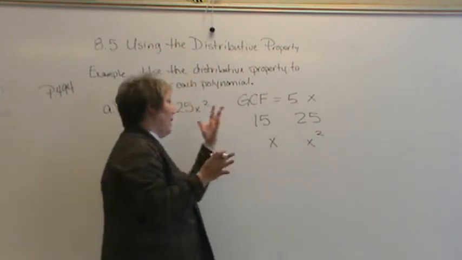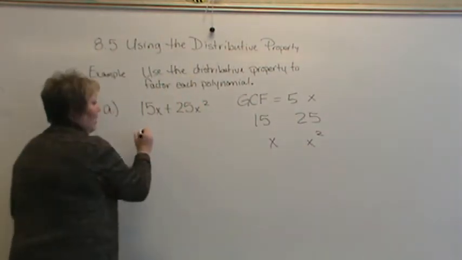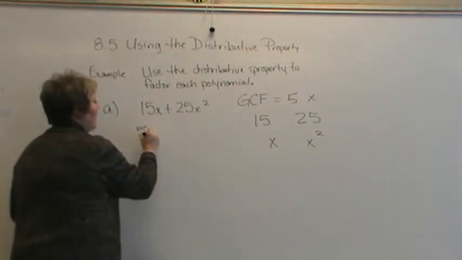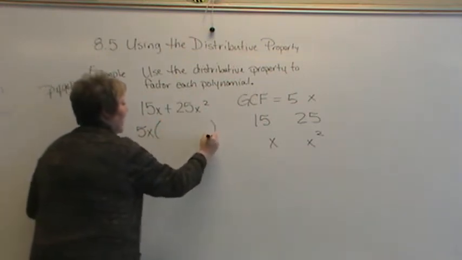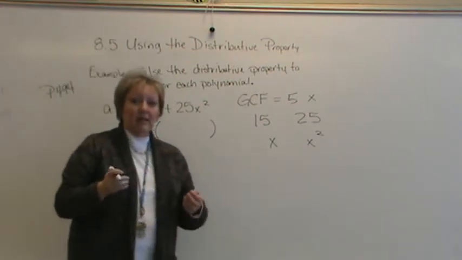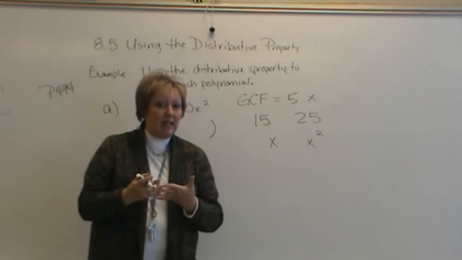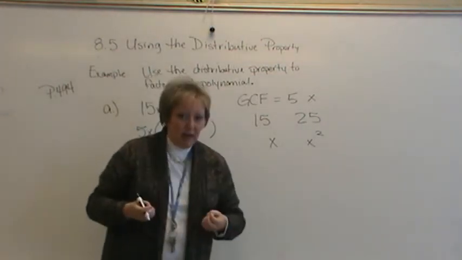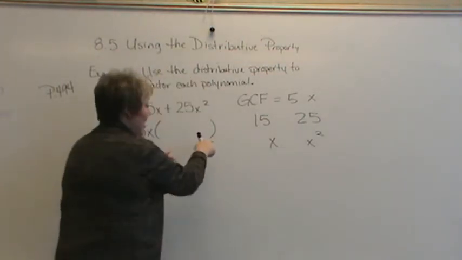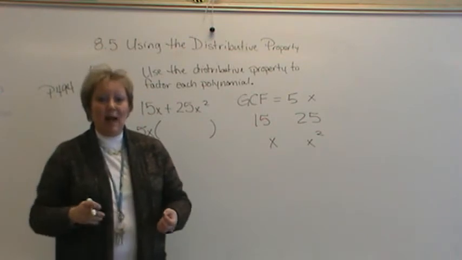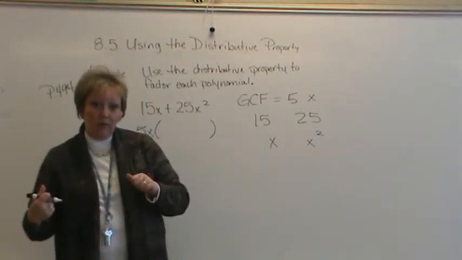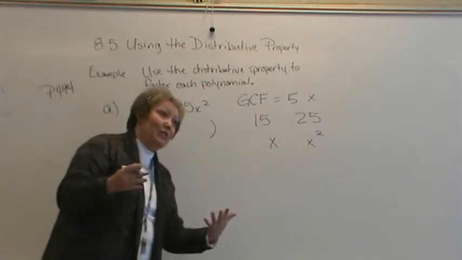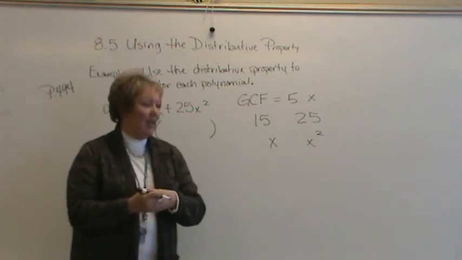So now I'm going to come back over to my problem, and I'm going to write that 5x outside of parentheses. Before, I was hugging everybody in the house, parentheses being the house. This time I'm taking my hugs and running out the door, or I'm factoring, or I'm undistributing, whichever way you'd like to say it.